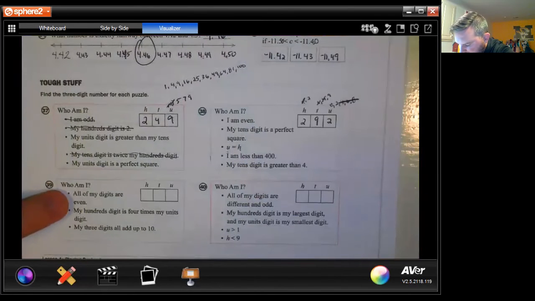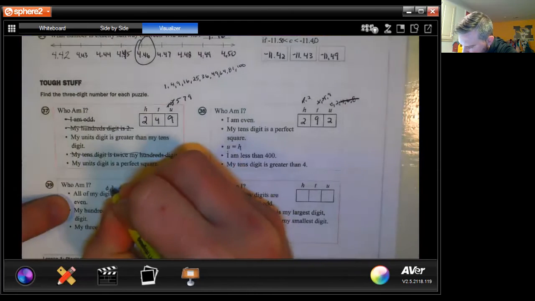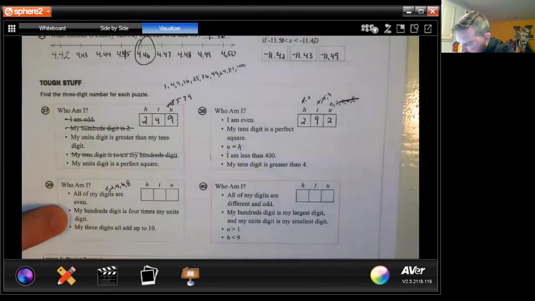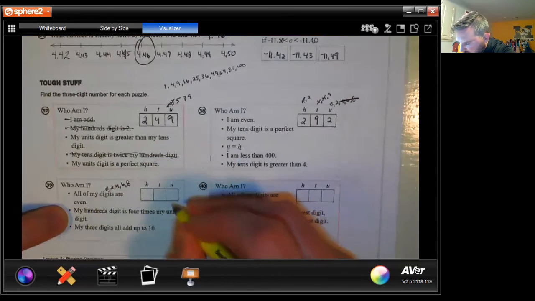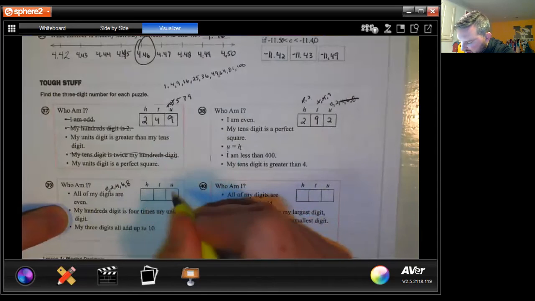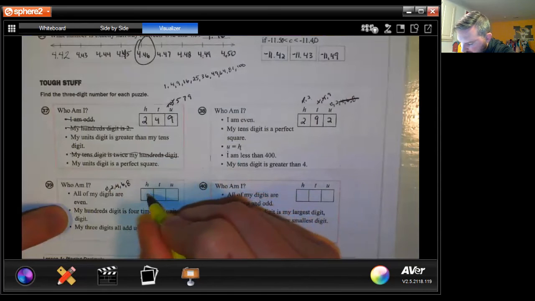Who am I? All of my digits are even. So that's 0, 2, 4, 6, 8. My hundreds digit is 4 times my units digit. Well, if this is 0, 4 times 0 is 0. I don't want a 0 there. If this is 2, 4 times 2 is 8, so that would be 8.